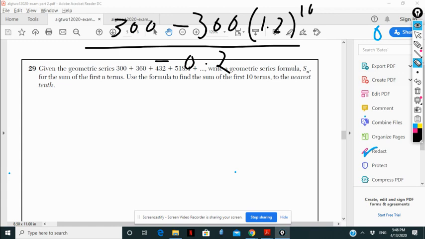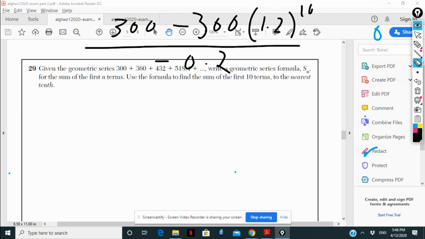So 1.2 to power 10 is 6.1917. Multiplied by 300 is giving me 1857. That's subtracting from 300.